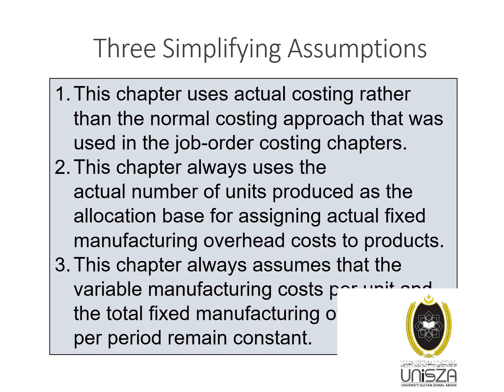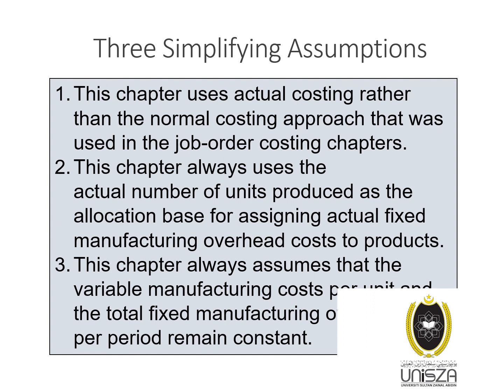So there are three simplifying assumptions. The first is this chapter uses actual costing rather than the normal costing approach that was used in the job order costing chapters. If you still remember the topic on job order costing that we covered early in the semester.